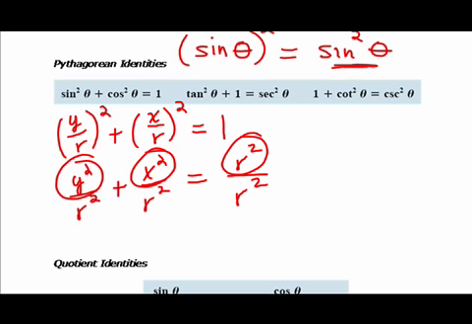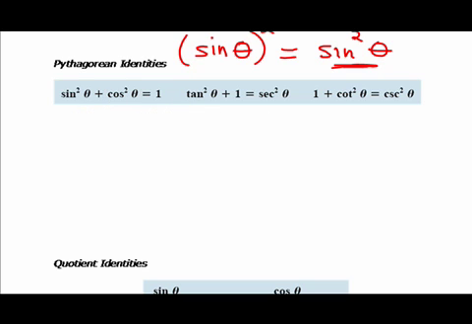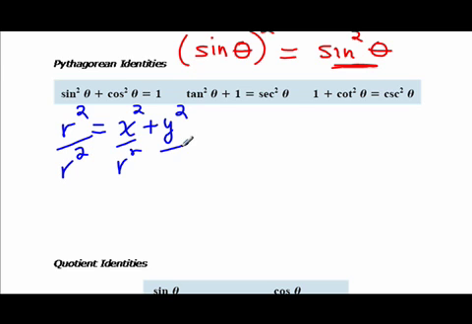Another way of looking at that, I don't know if that was quite so clear as how the textbook, let me look at it another way. If we take the fact that we know that r squared is equal to x squared plus y squared, we know that's a true statement from our very first picture that I showed you. I think the way the textbook, now that I remember, looks at that is if we start with that equation, let's divide everything by r squared, which is a legal step.